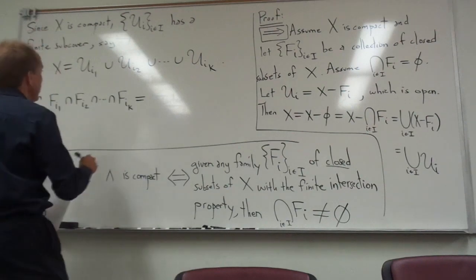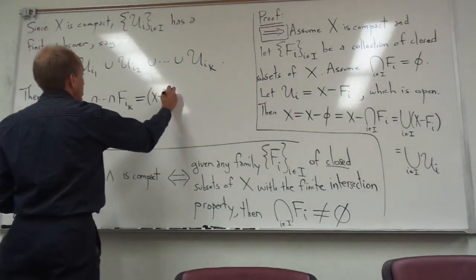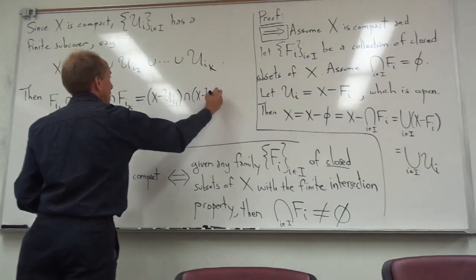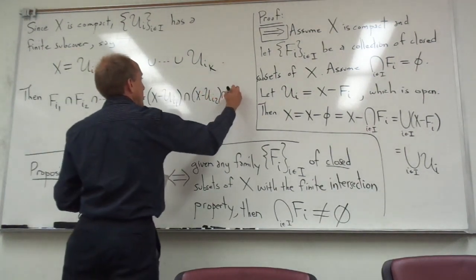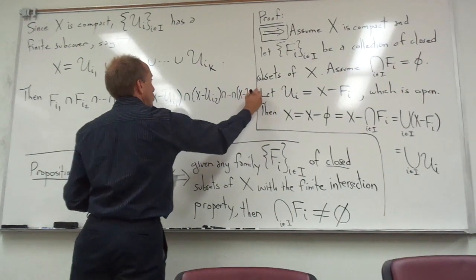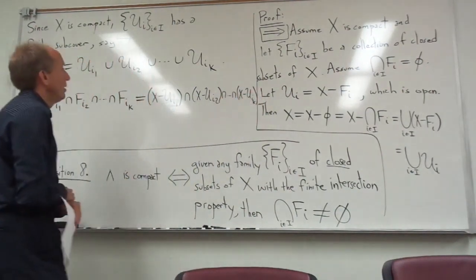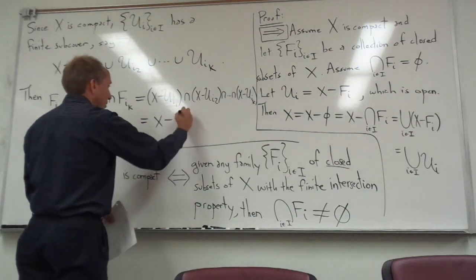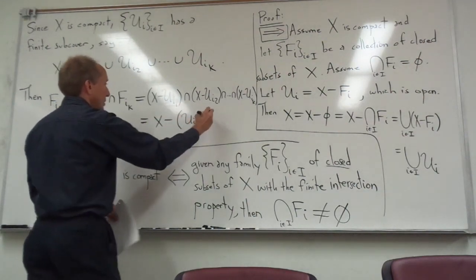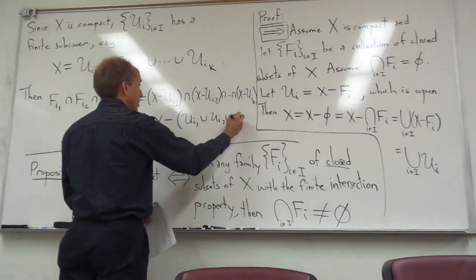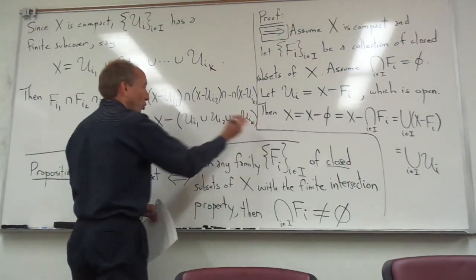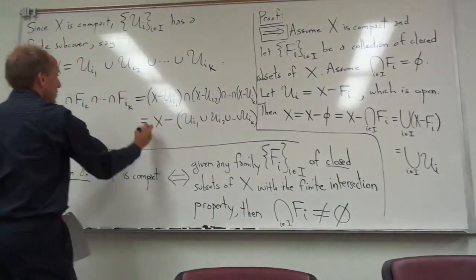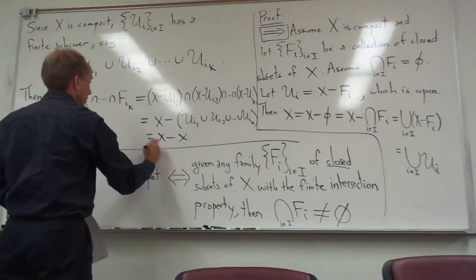This is going to give me X minus U_I1 intersected with X minus U_I2 and so on up to X minus U sub IK. And that can be written as X minus the union of these sets using the usual De Morgan's law. But the union of all of those sets is exactly X. So it's empty.